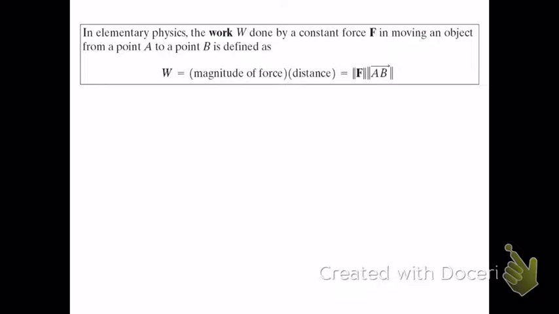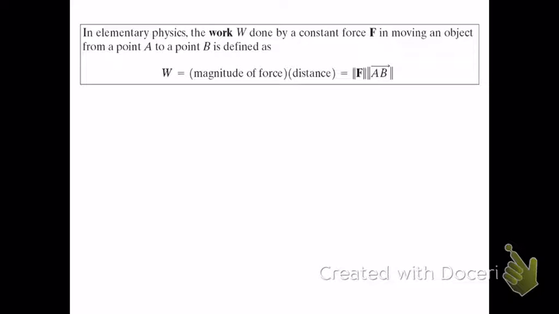So in physics, work is just the magnitude of the constant force F vector, which has a magnitude of F, shown in the formula here. And we've got to take that times the distance that we move the object.